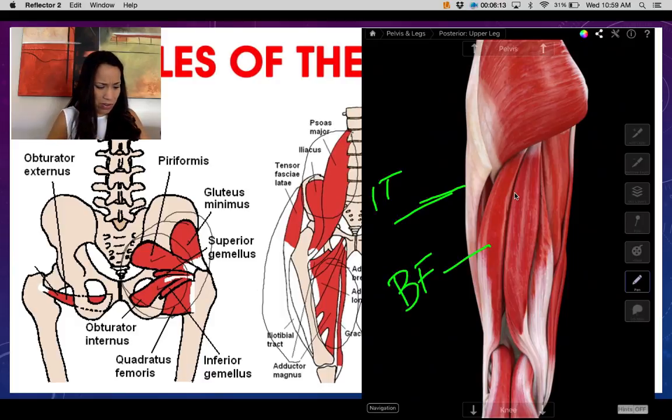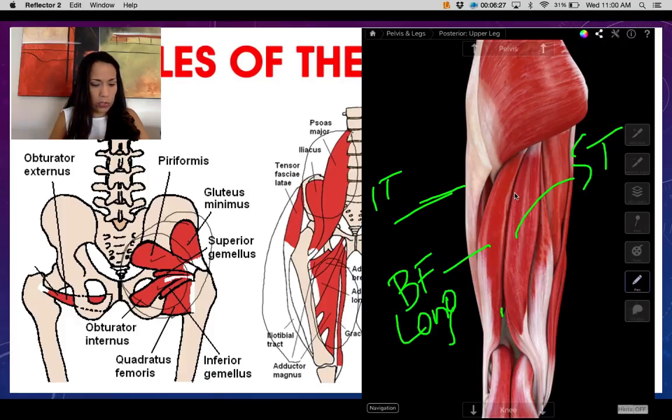Well, this is longer, so that might be the long head. The short head is there. Can you see it? It is deeper than that. This one in the middle is semitendinosus, and this one towards the medial side of the thigh, that's semimembranosus, and that's an M, just so you know.